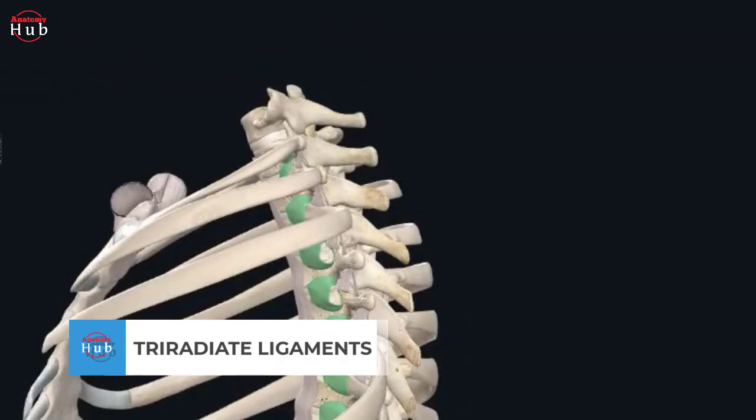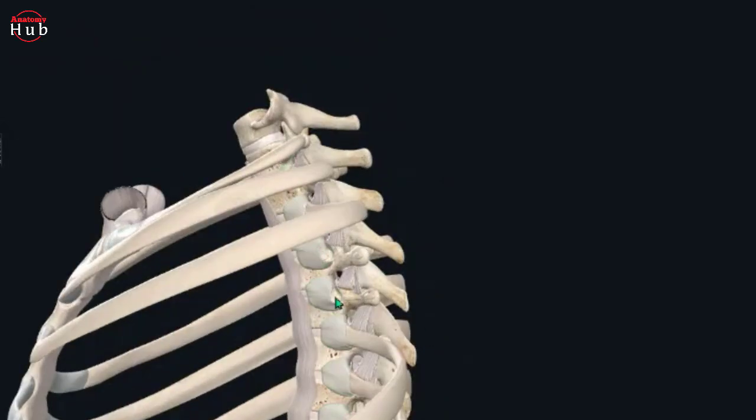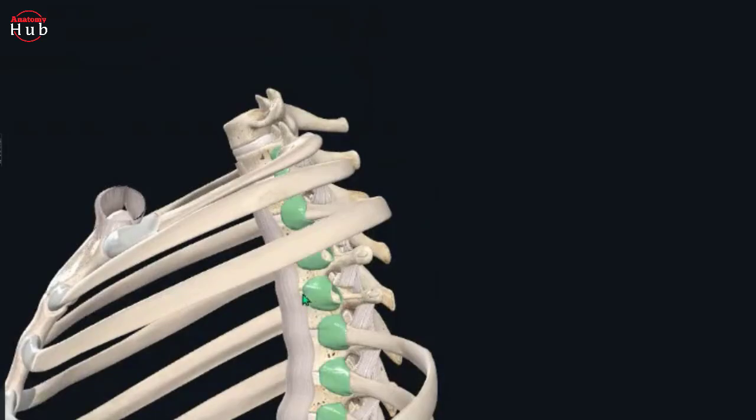Okay. So this triradiate ligament actually attaches to the head of the corresponding rib, to the upper vertebra and the lower vertebra, and to the intervertebral disc. So here you can see this whole is the ligament.